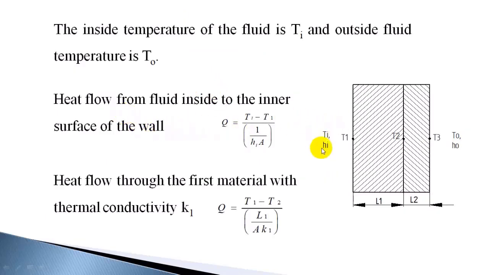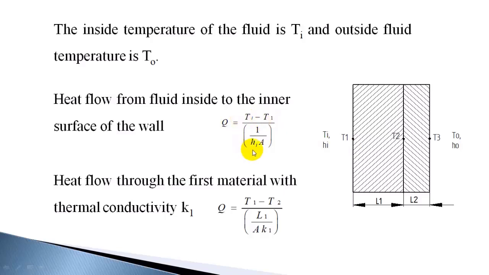Now we know that convection heat transfer, as per Newton's law of cooling, you can rearrange the equation and write in this form. Heat transfer is Ti minus T1, the temperature difference, divided by the convection resistance. The actual equation is Q equals h A into delta T, that is h is Hi, Hi A into delta T, where delta T is Ti minus T1.